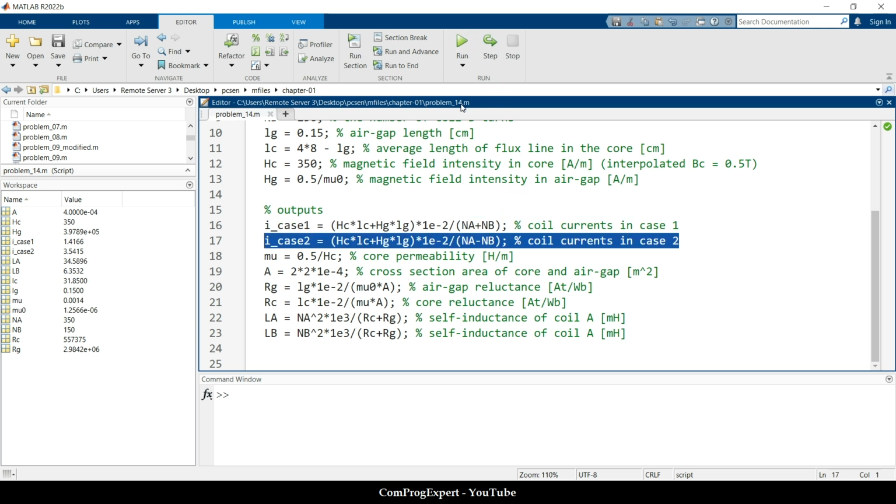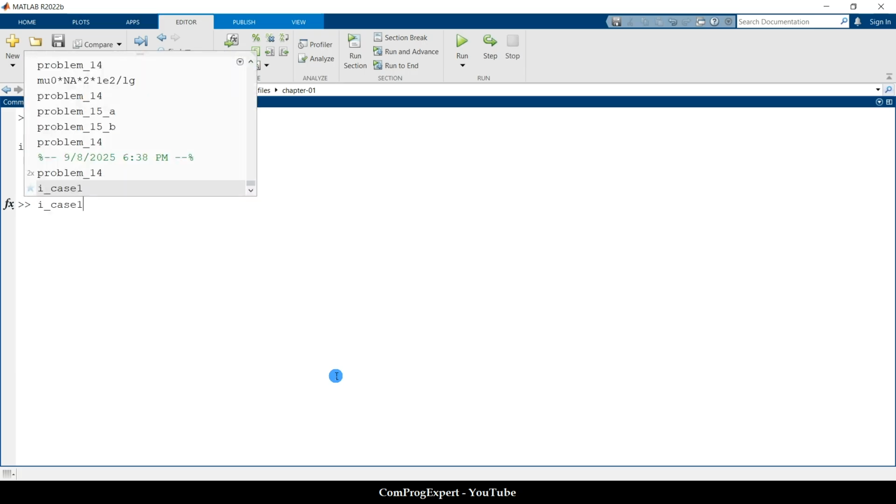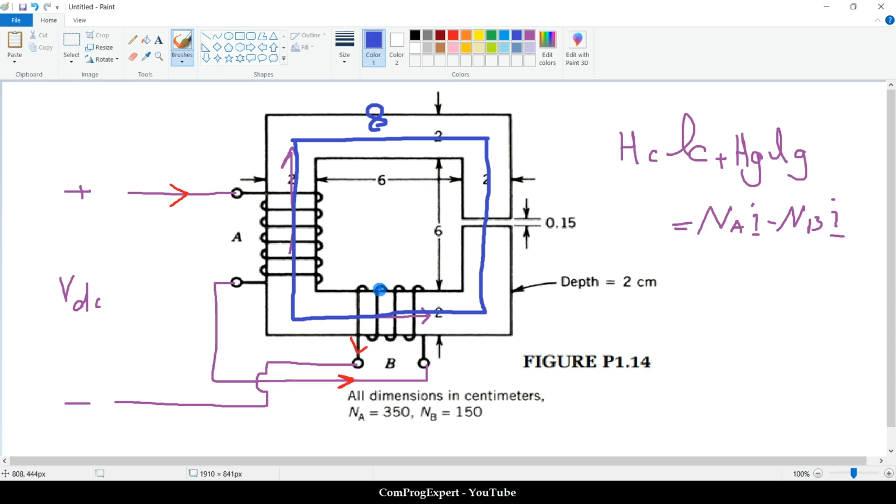So let's run the code. Here you can see the value of the current for the case 1 is 1.41 ampere, and this is for the case 2. As you can see, the value of the current in the case 2 is higher. What is the reason? Because the generated fields are in opposite direction.